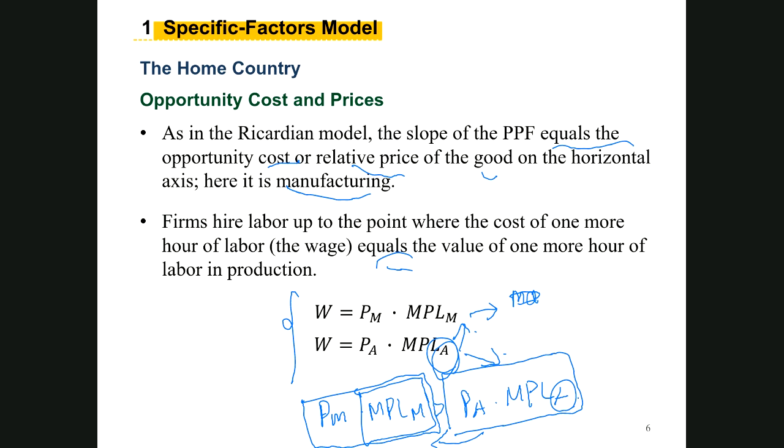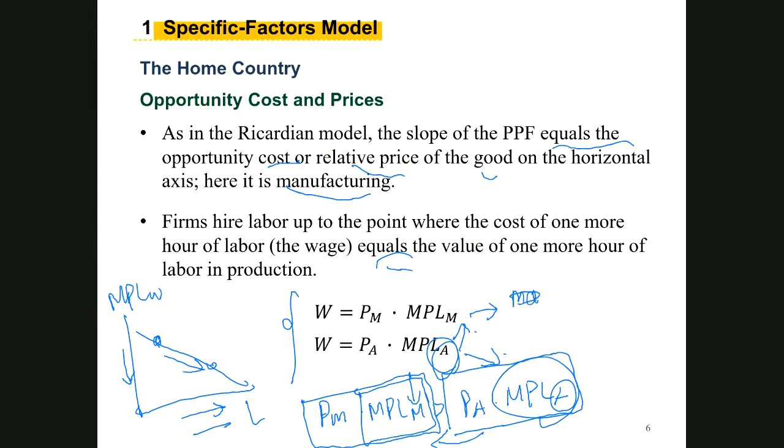And then based on the MPL diagram we have in the very beginning, if more labor shows up in this sector, my MPL will decrease. So this will decrease. And if the labor in agriculture decreases, the MPL in agriculture is supposed to increase.